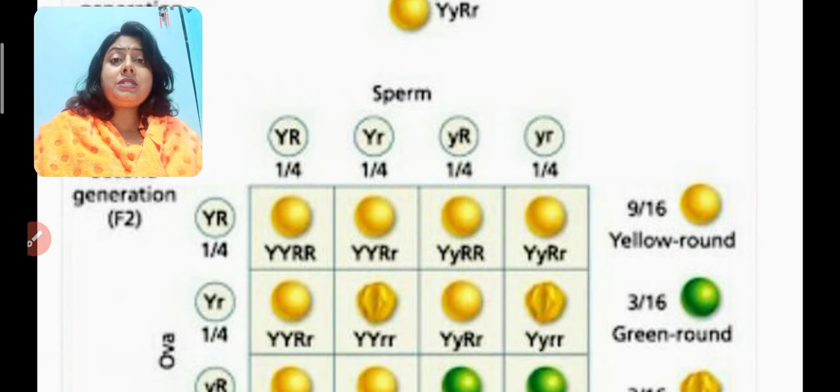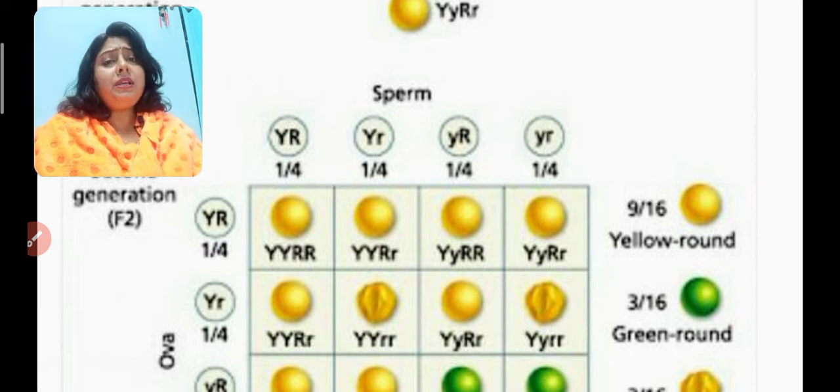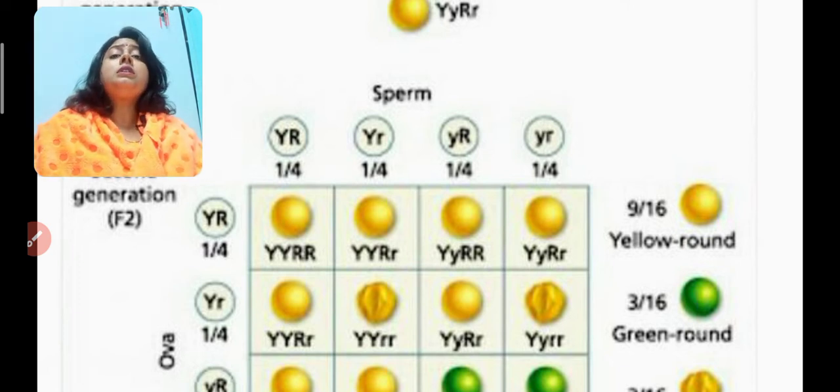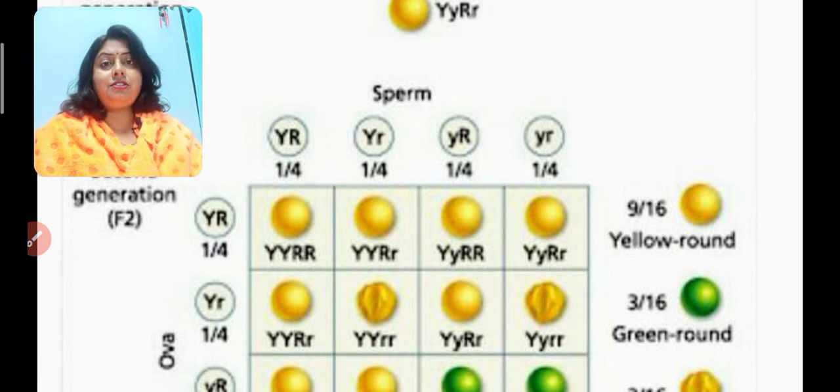And as a result, he got a square of all the combinations, and this square was called Punnett's square. So, Punnett's square is nothing but a short and scientific method, an easy method to represent all the possible combinations of the 2 gametes involved in the fertilization.